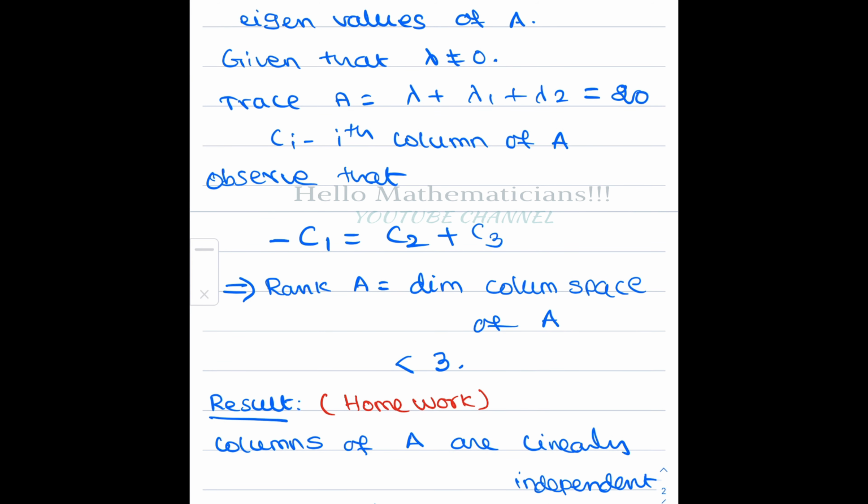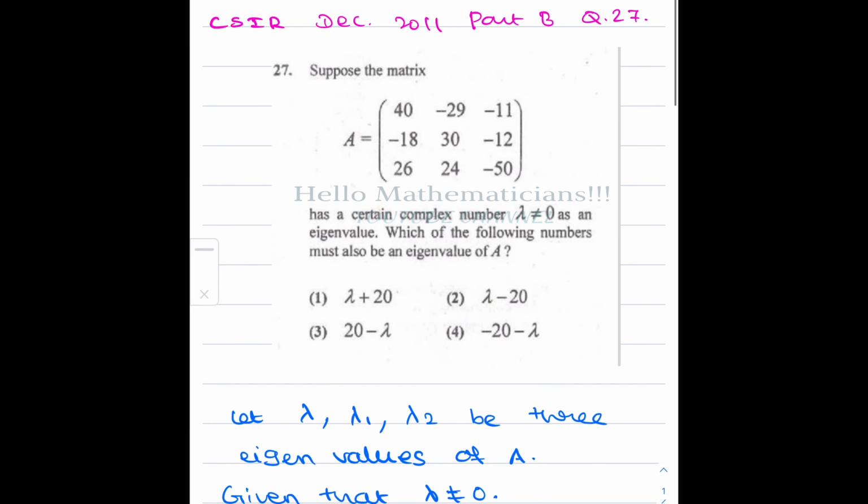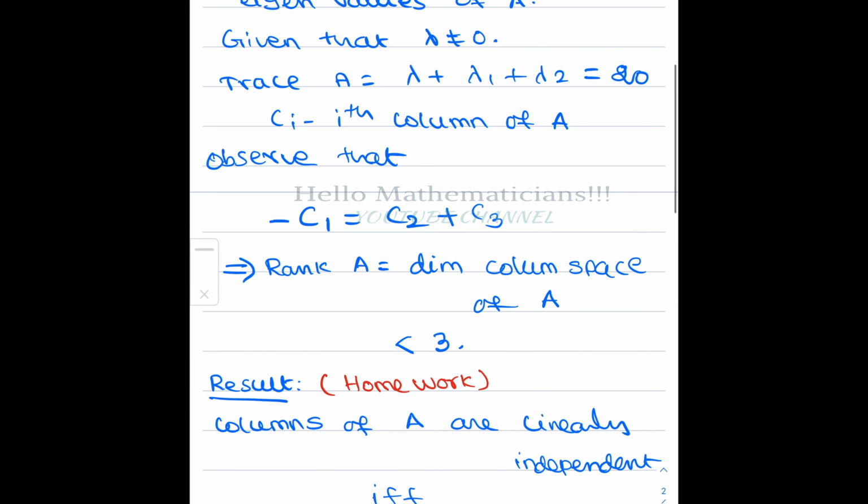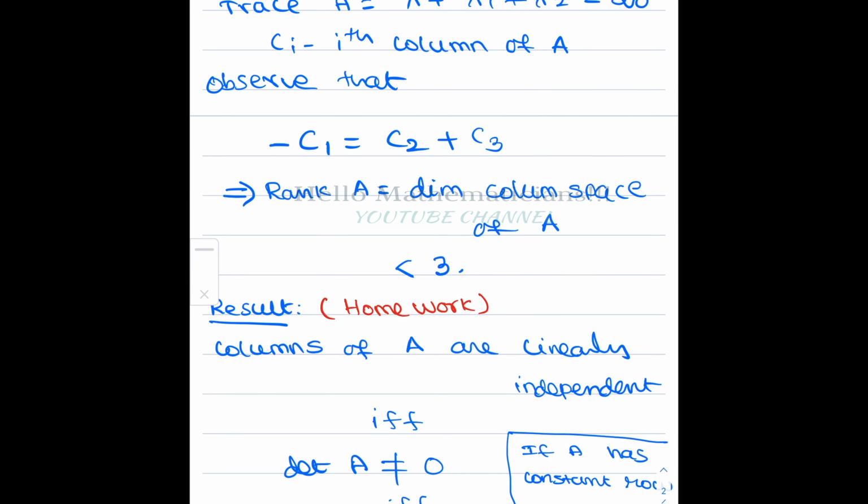Now, what is the rank of a matrix? The rank of the matrix is nothing but the dimension of the column space of A. What is the meaning of column space? You take the columns of a matrix and you take the linear span of the columns, you will get the column space. Now, since C1 is a linear combination of C2 and C3, the dimension of the column space cannot be 3.